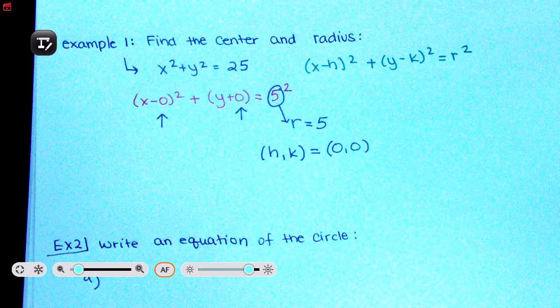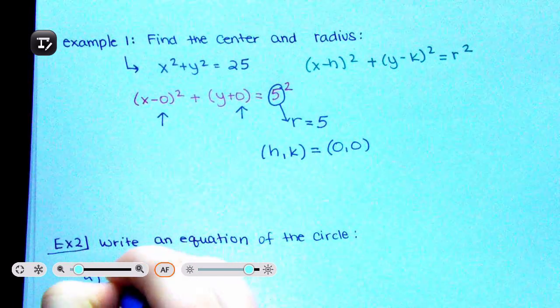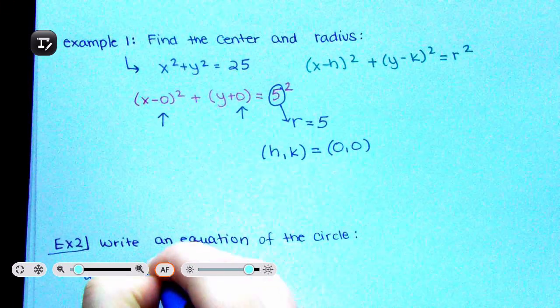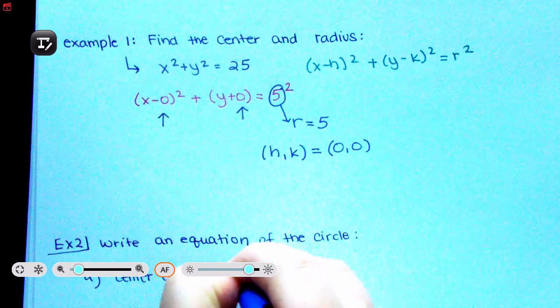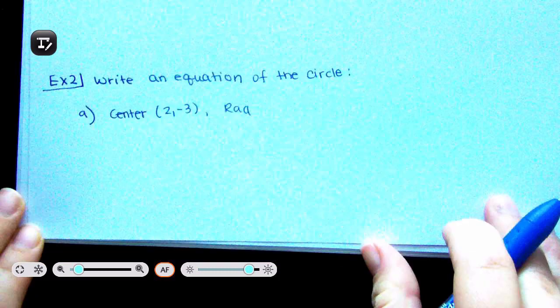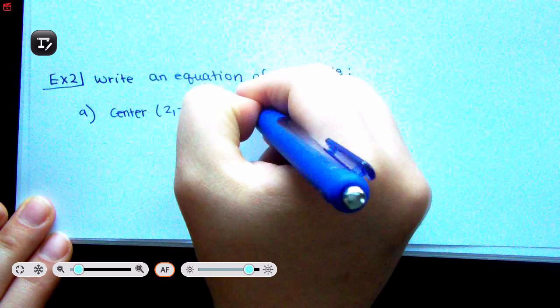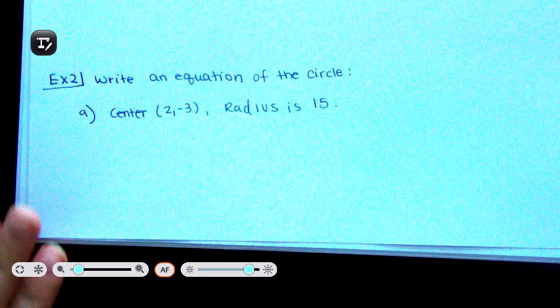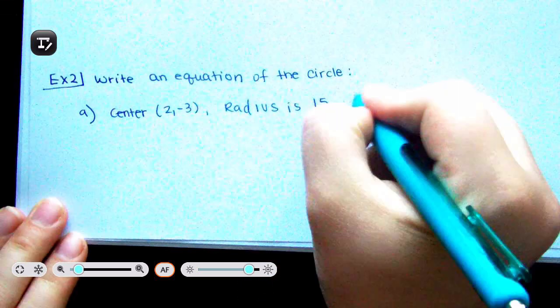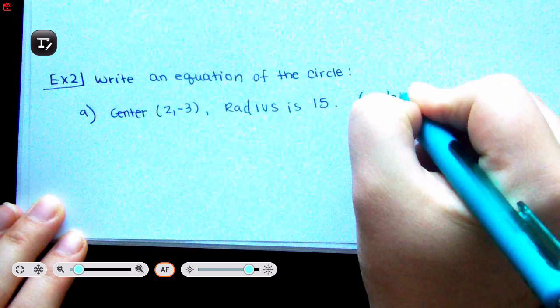So let's do, the center is given to us at (2, negative 3). And the radius, oh, you guys can't see that, I apologize, is 15. So how do we write the equation? Let's go ahead and copy down the standard form again.